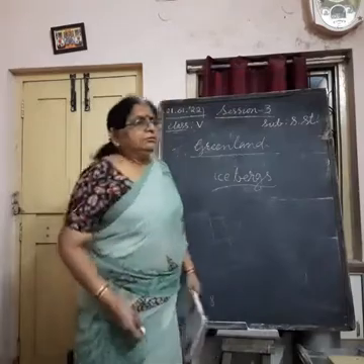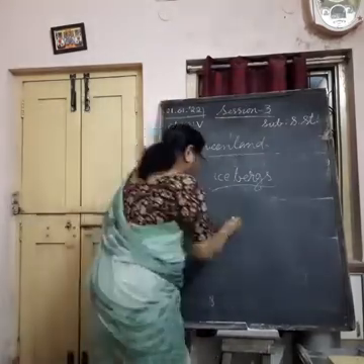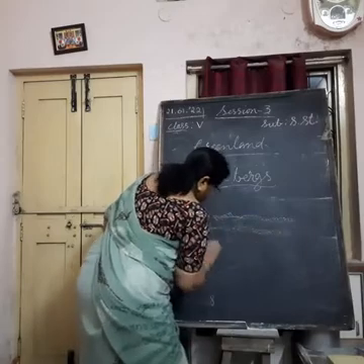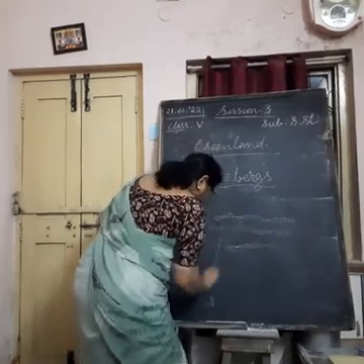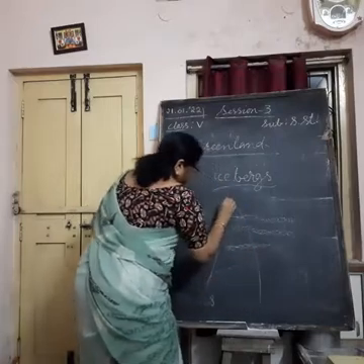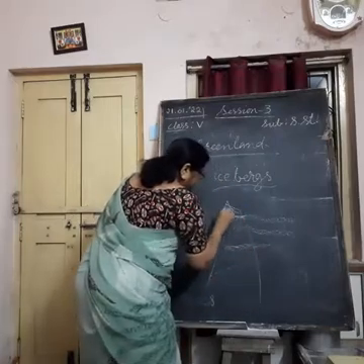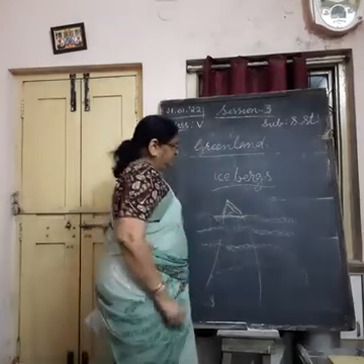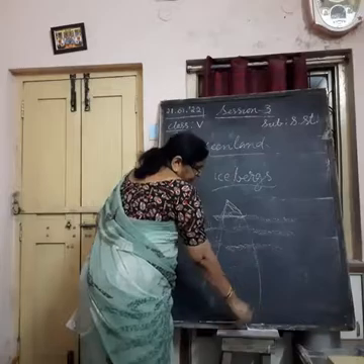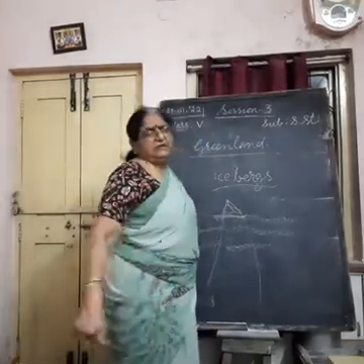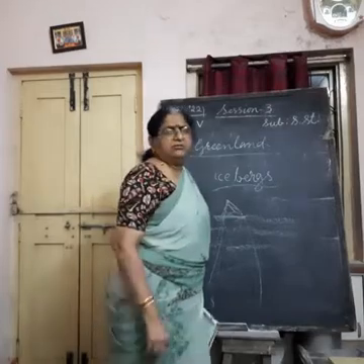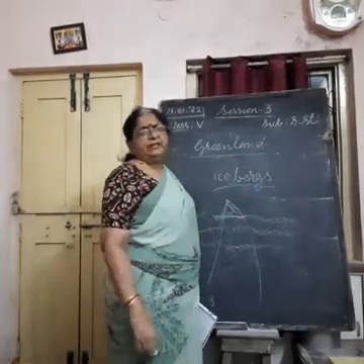And you know, the major part of it, suppose here it is water like this, the major part of it is hidden inside the water. Only a little part can be seen on the surface of the water.